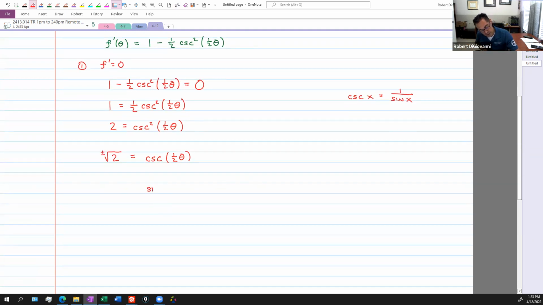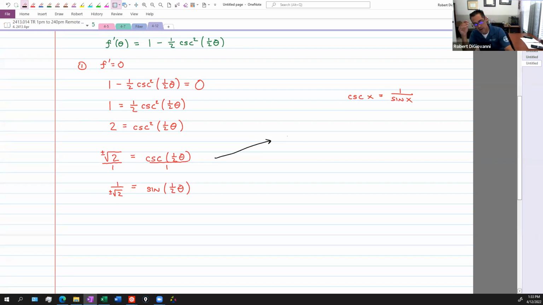I can make this sine of 1/2 theta equals, and then what I do is the reciprocal of this one. So basically, this is over 1 and this is over 1. So when I take the reciprocal of both sides, this becomes 1 over plus or minus the square root of 2. So the cosecant flips over and becomes a sine. And then the positive or negative root 2 flips over and becomes a 1 over positive or negative root 2. Is that okay with you or not?